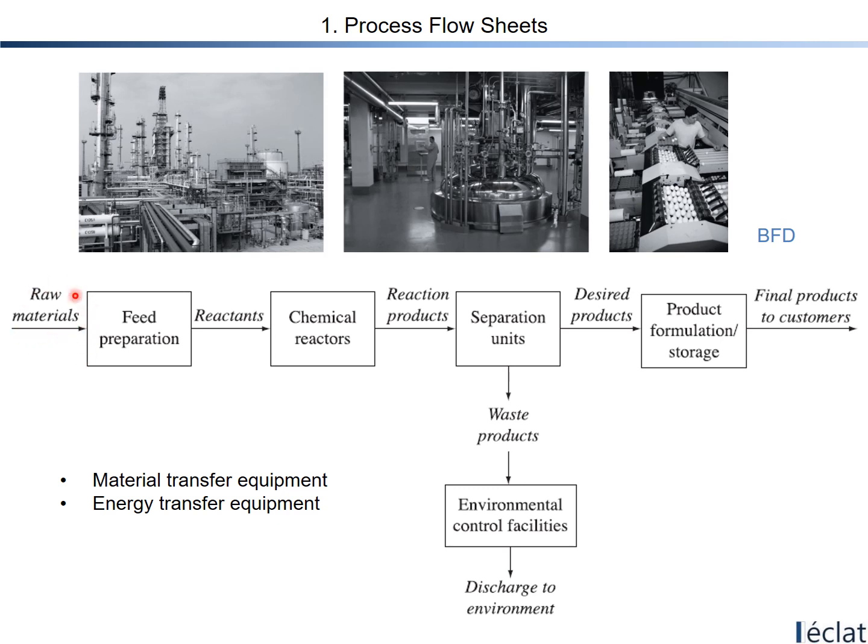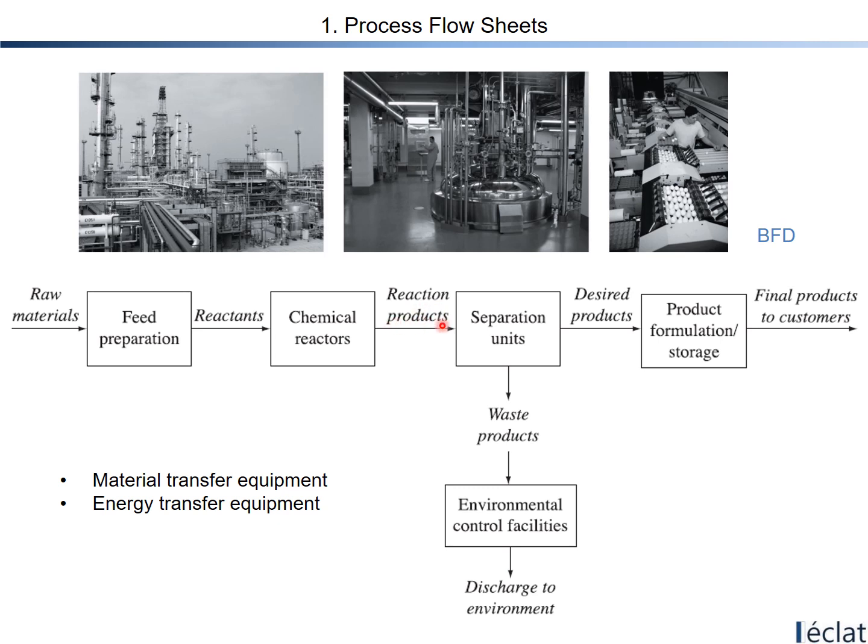Raw materials are introduced into feed preparation, and then we could make some reactants from the raw materials. And the reactant is introduced into chemical reactors. Of course, there are some reactions inside of reactors. Then we could have some products.